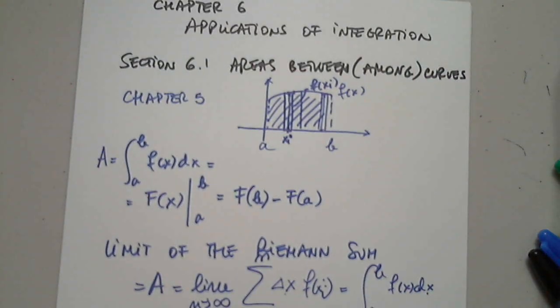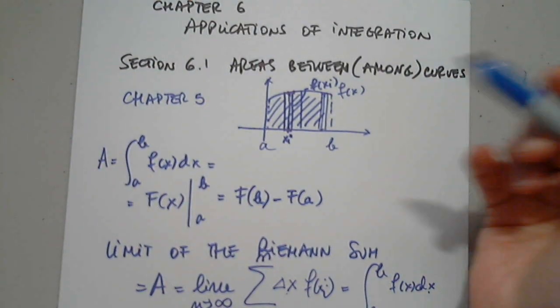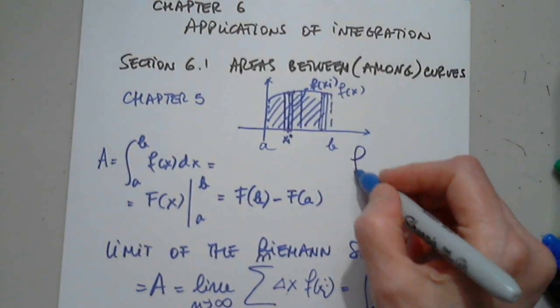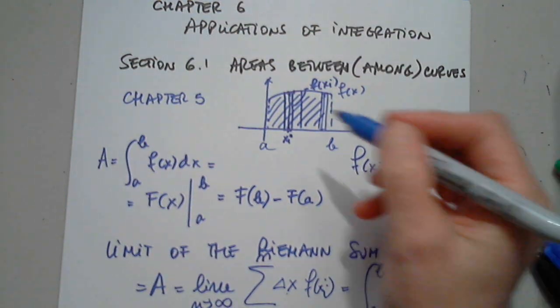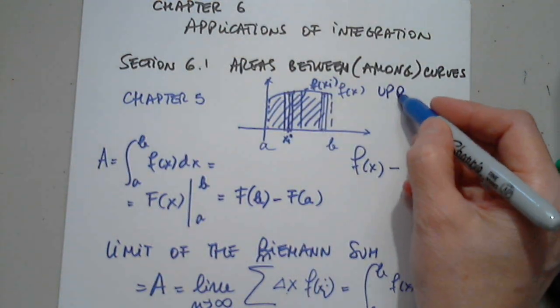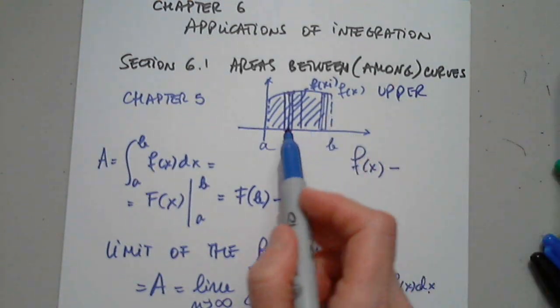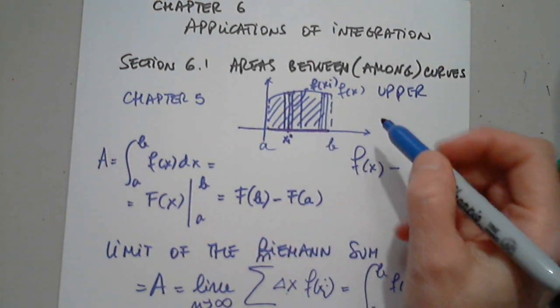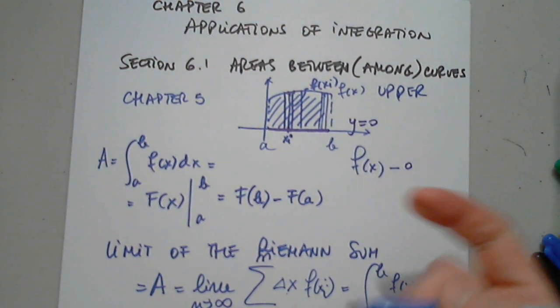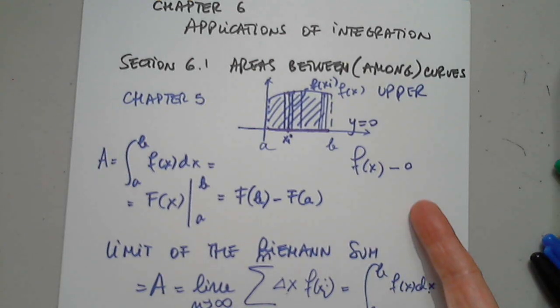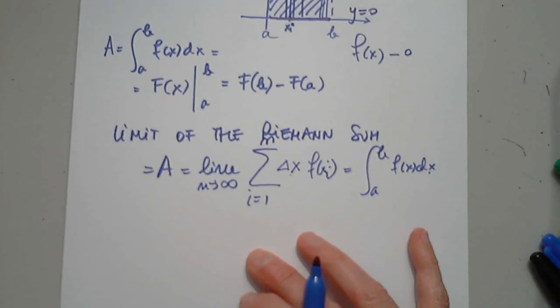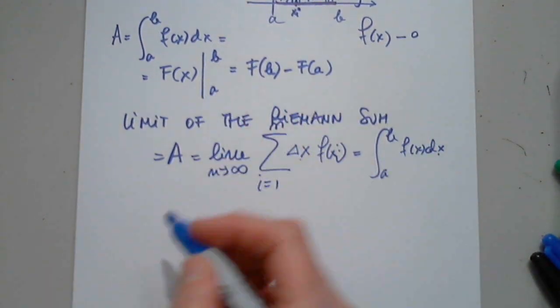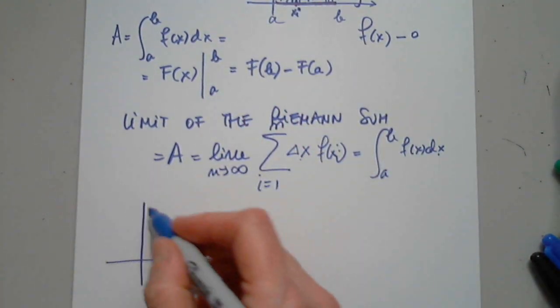Now, in this situation, we basically said, where do I find the area? Well, I find the area between f of x, the upper function, and the lower function, which is y equals 0. So we really didn't mention this. In section 6.1, we are going to apply exactly the same procedures.